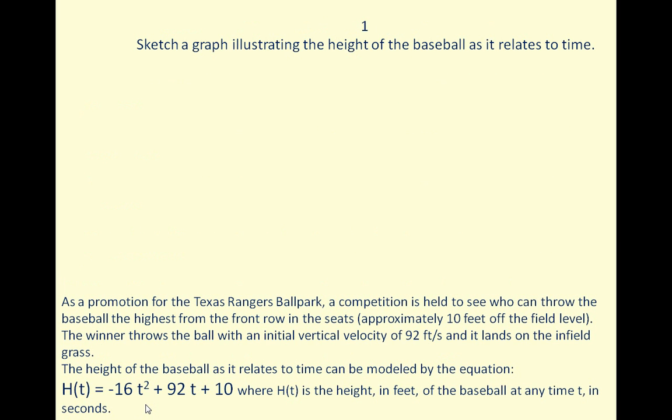Okay, let's start first with number 1. We are going to sketch a graph illustrating the height of the baseball as it relates to time. So the first thing you're going to want to do is enter the function into your calculator.